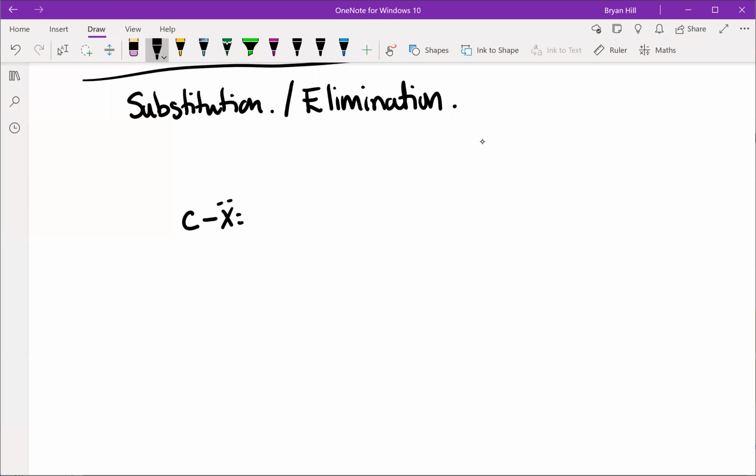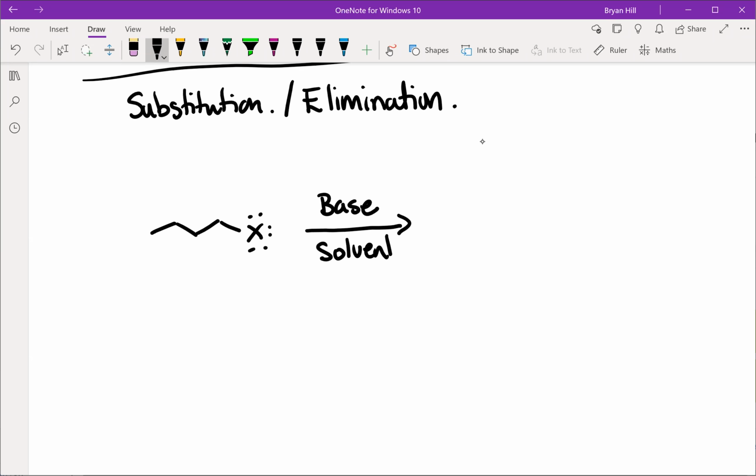So with elimination reactions, let's just draw this here for a second. We'll draw an extra carbon here. An elimination reaction is the following.